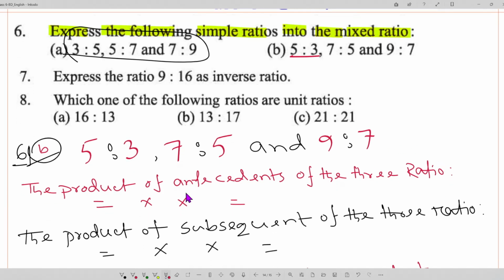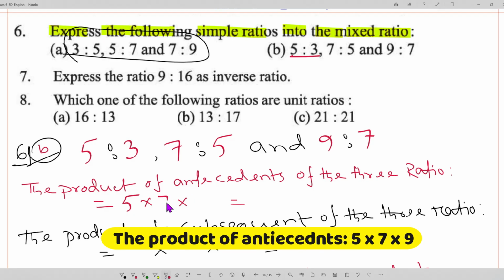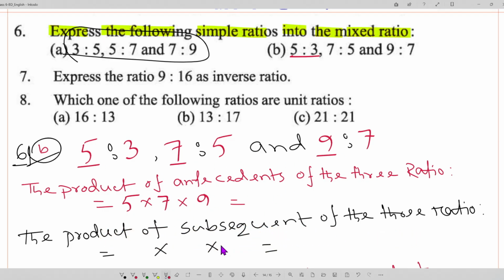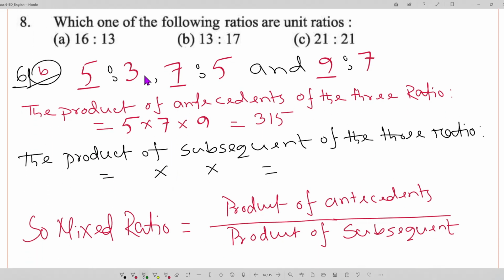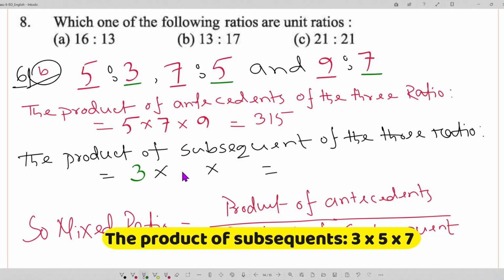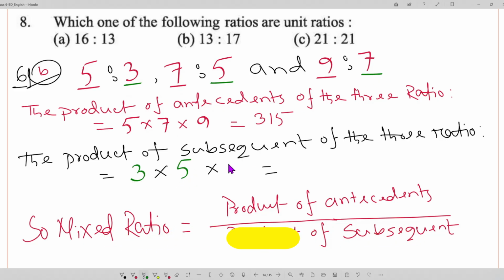So the product of antecedents of the 3 ratios, so 5 times 7 times 9, it means this one and this one. Once we multiply, we will get 315. Now what about subsequents? So subsequents are 3, 5 and 7, which gives 105.